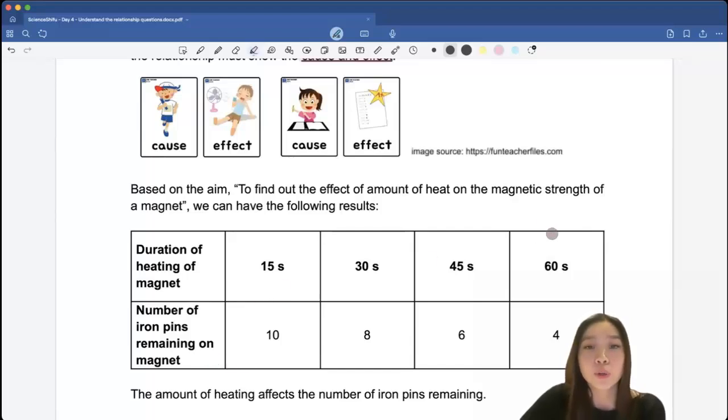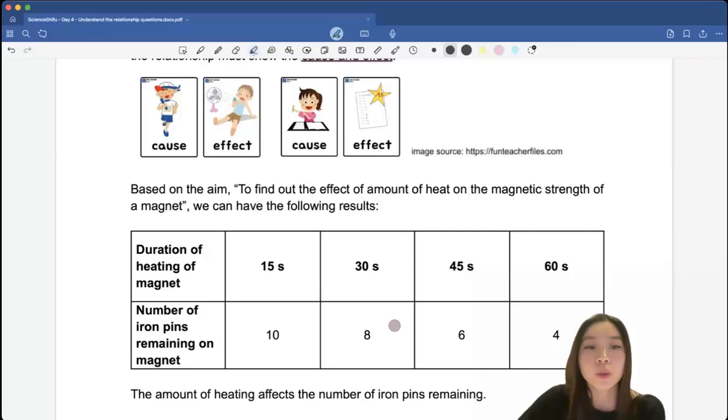Here, we can very obviously see that the duration of heating the magnet is what is being changed, so this is the cause. The number of iron pins remaining on the magnet is what is measured, so this is the measured variable or the effect.